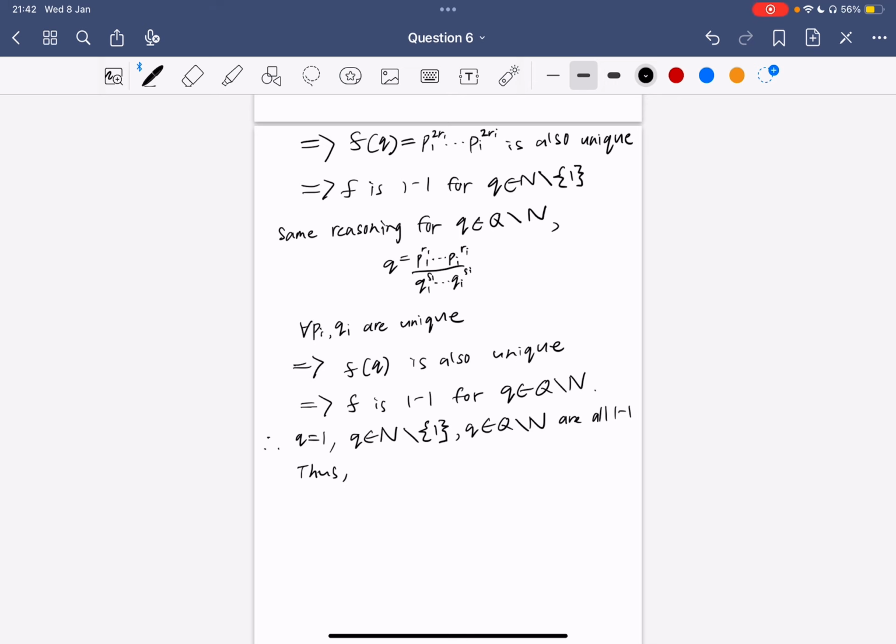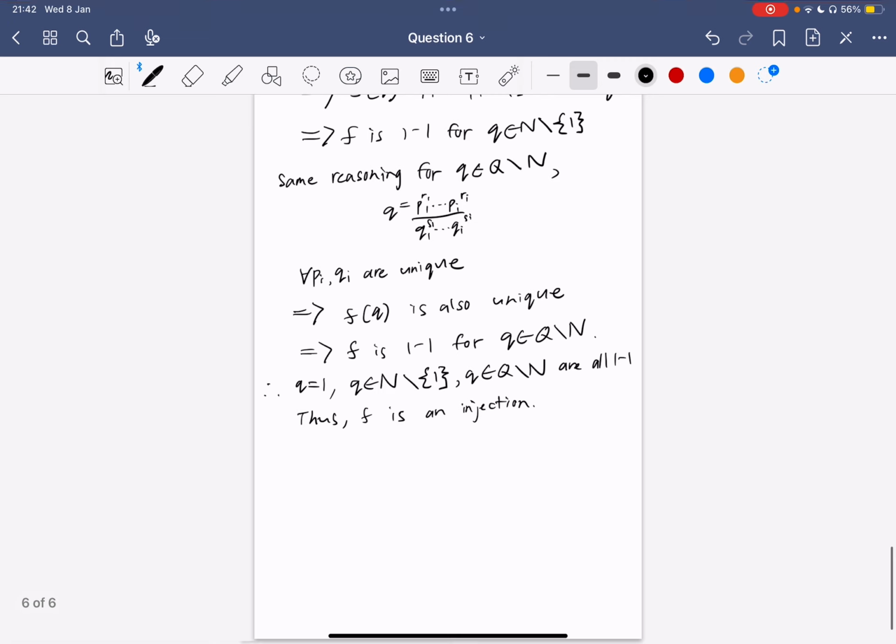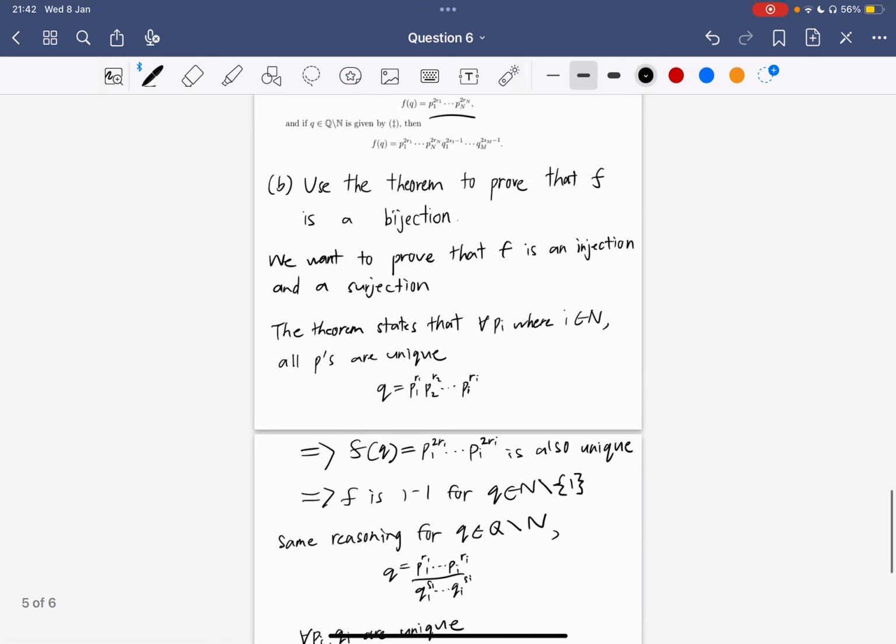Thus, f is an injection. So we've proved that f is an injection. This is part 1.